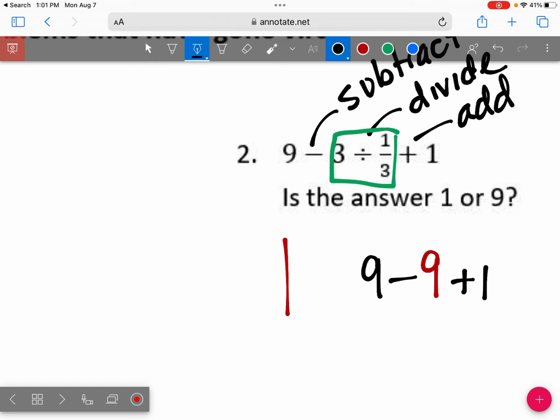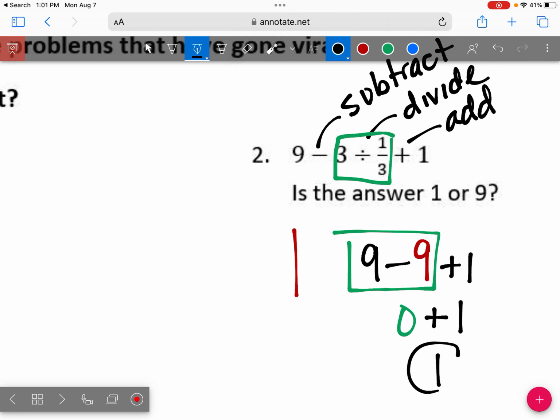And now we're going to go from left to right. Because subtraction is on the left, we're going to do that next. So 9 minus 9 is 0. And 0 plus 1 is 1. So your guess was right for both of these.